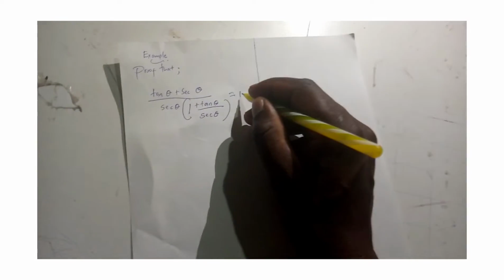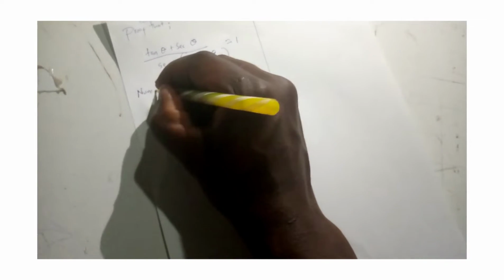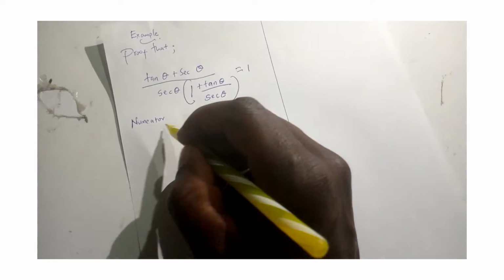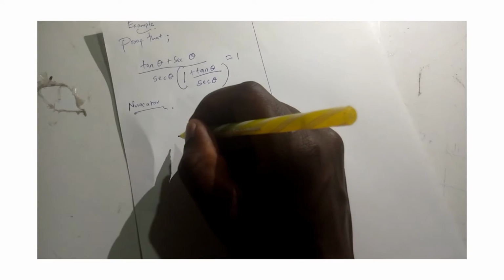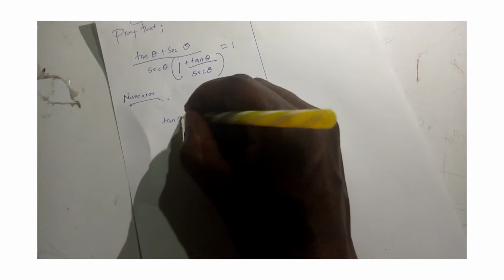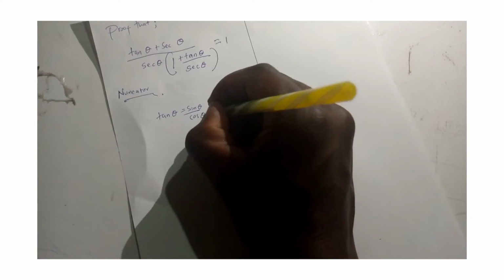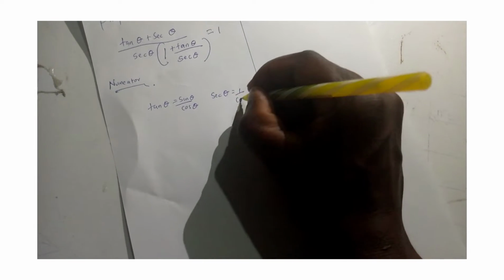First of all we start with the numerator. On the numerator we have tan theta and sec theta. Tan theta is equal to sin theta over cos theta, and sec theta is equal to 1 over cos theta.